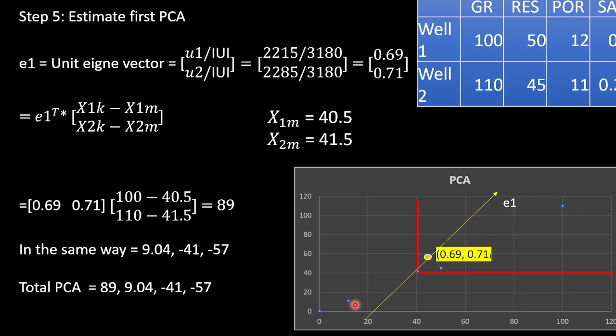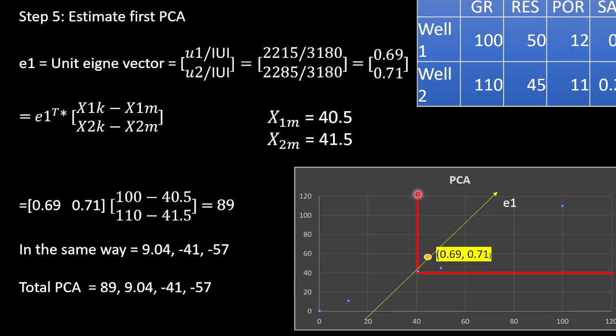First of all, first step is that. Second step is, you know where is the midpoint. So midpoint representing 40.5, 41.5. So take 40.5 on x-axis and 41.5 on y-axis. Consider this point where your two midpoints are there as your new axis. So this is your old axis and this is your new axis where exactly your median points are there.